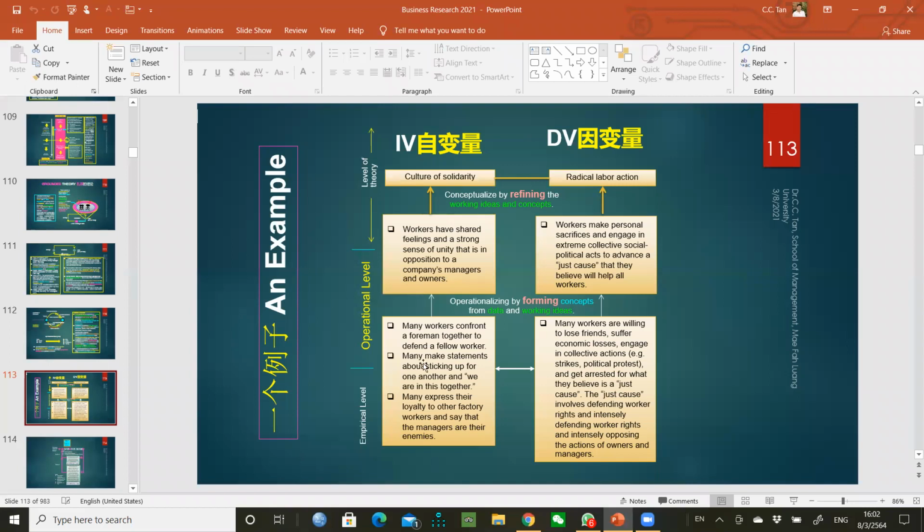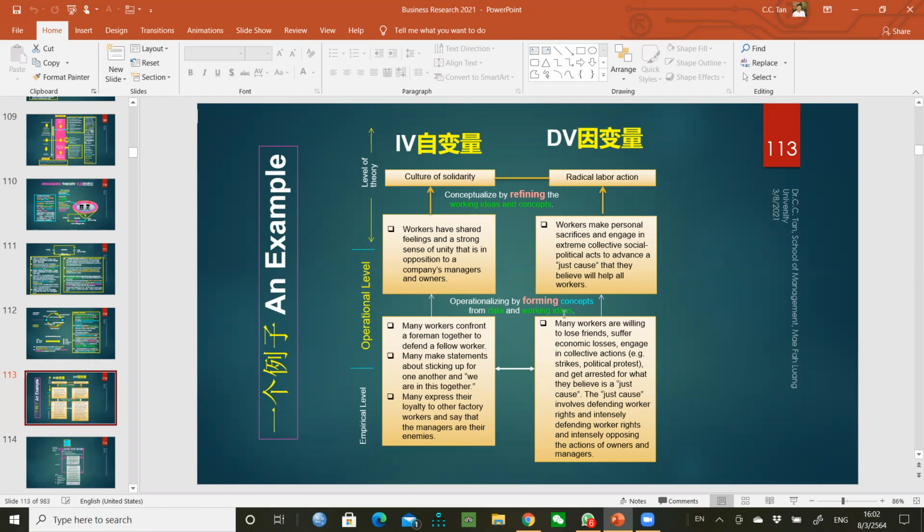They believe these are a just cause and they're fighting for justification. And the just cause involves intensely defending workers' rights and intensely opposing the actions of the supervisors and managers, who are on the other side.